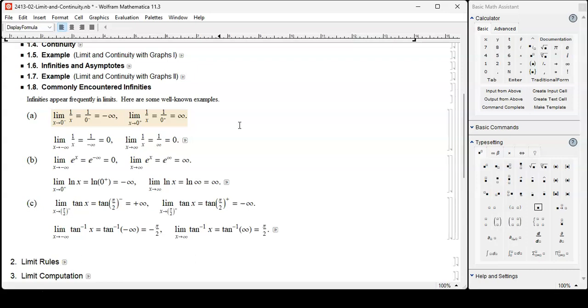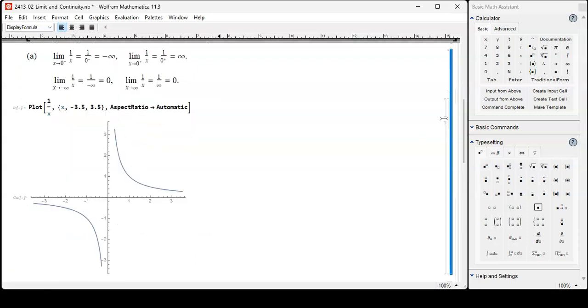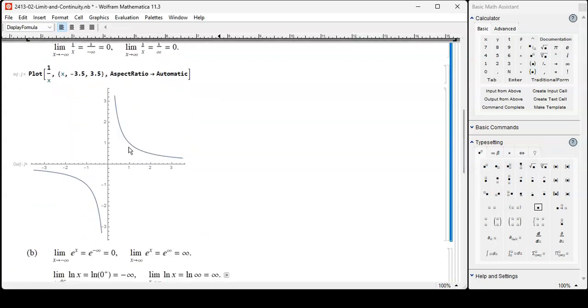You see, dividing by 0.1 or 0.001, 0.00001, things like those, is the same as multiplying by 10, multiplying by 100, multiplying by a million, kind of like that. So yes, we have vertical asymptotic behavior like this. Positive infinity, negative infinity, like those.